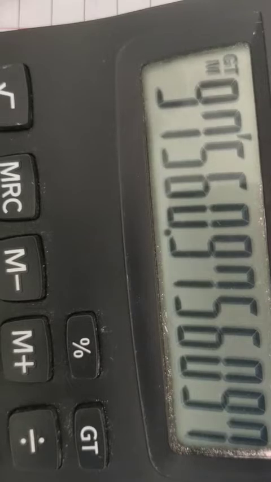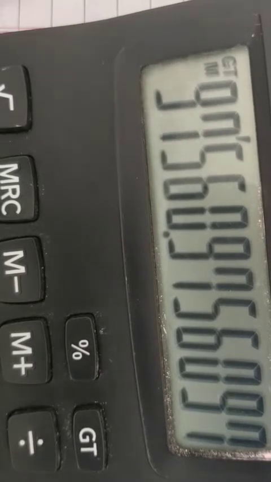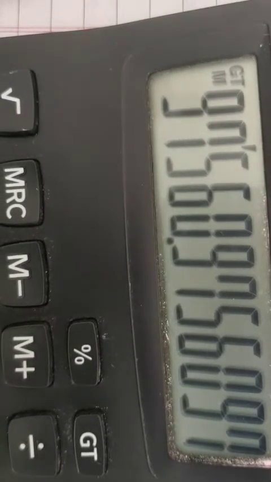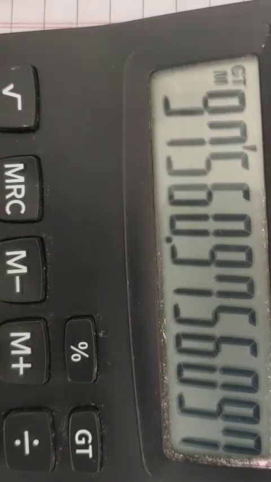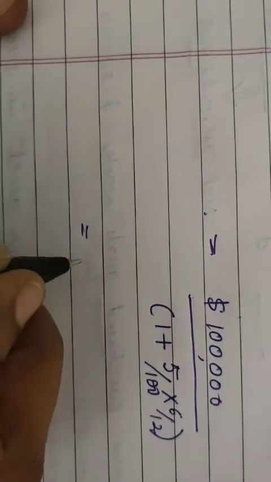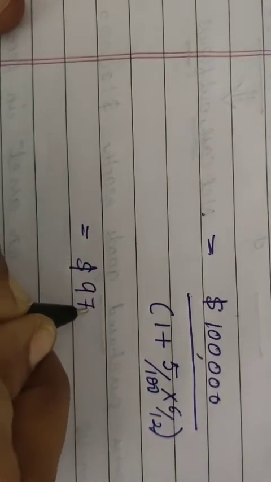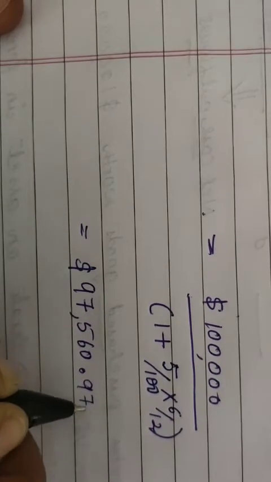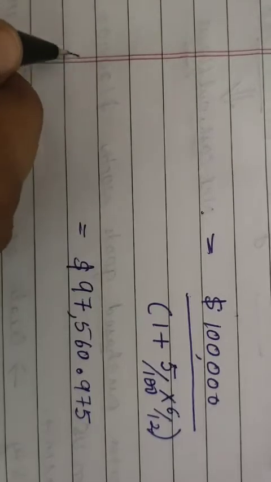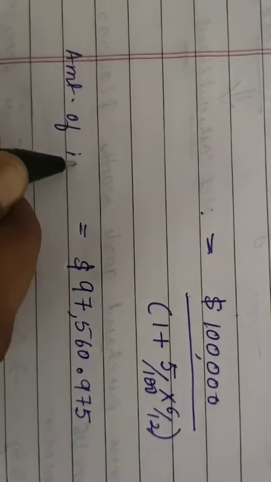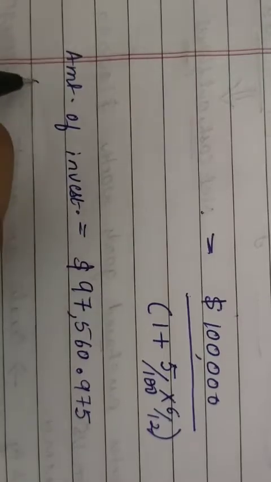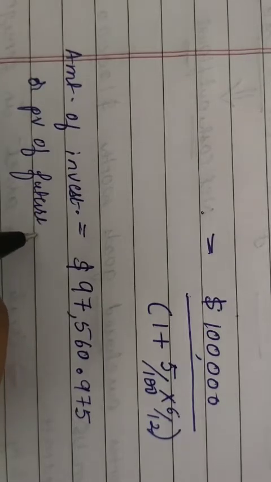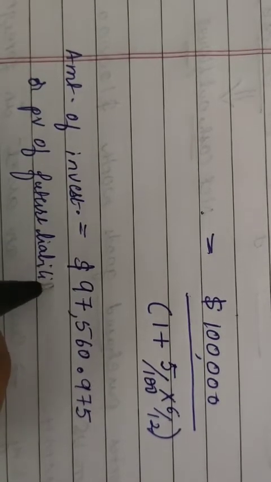So $97,560.975 you have to deposit today in United States. So what is the present value? $97,560.975. It is the amount of investment or the present value of all future liability or future cash flows.